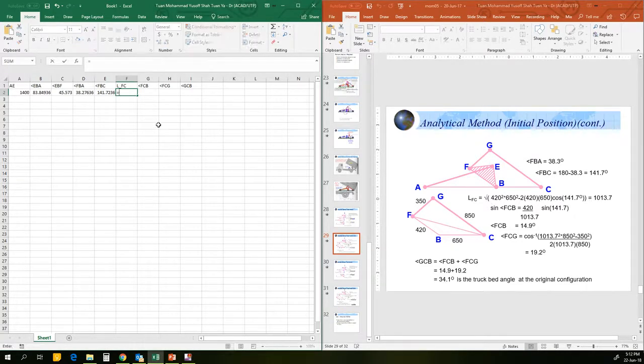So LFC equals SQRT, square root of, we'll put the bracket, 420 square plus 650 square minus 2 times 420 times 650 times cos.